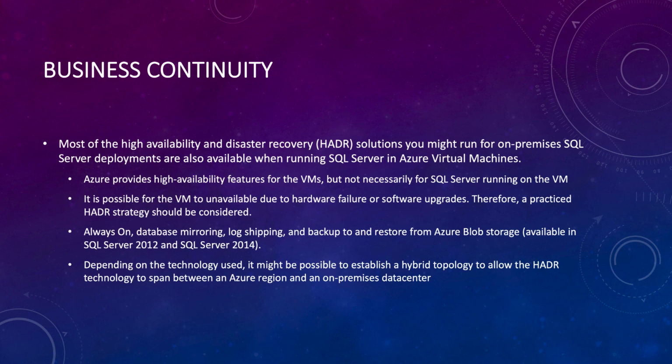Depending on the technology used, it might be possible to establish a hybrid topology to allow the HADR technology to span between an Azure region and an on-premises data center. Some options, such as SQL Server Always On, allow for a topology that can even span multiple Azure regions. Remember, you can always find more information on how to configure various HADR solutions under the documentation on azure.microsoft.com. Just go there and look for HADR.